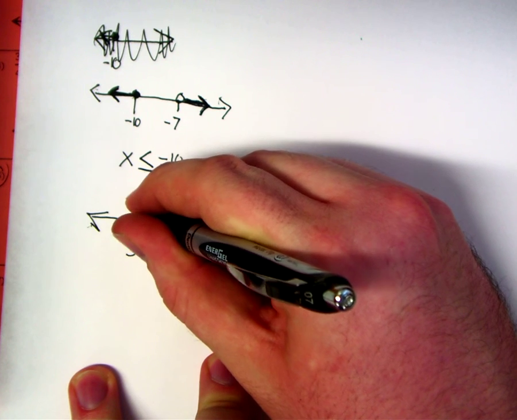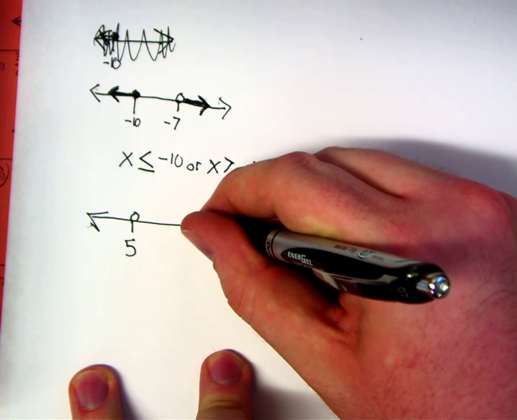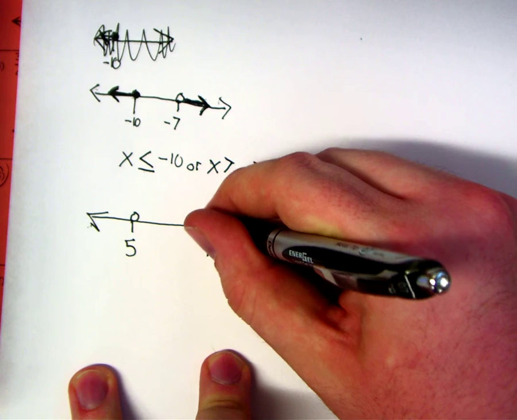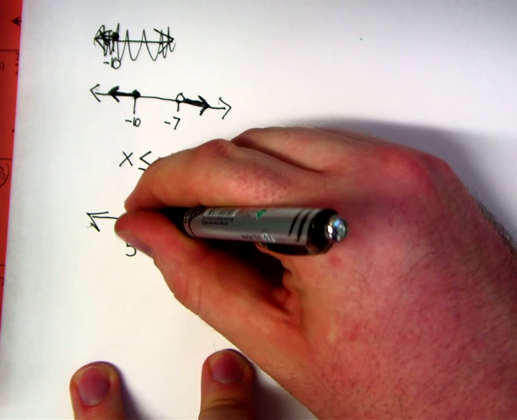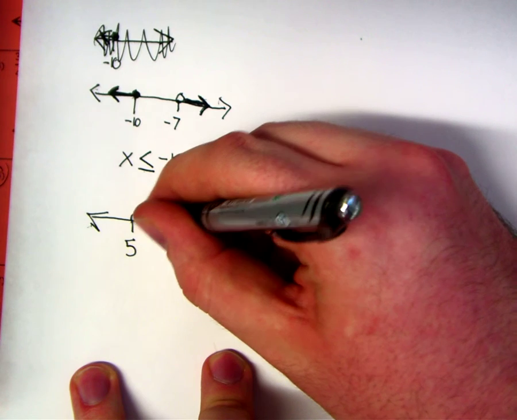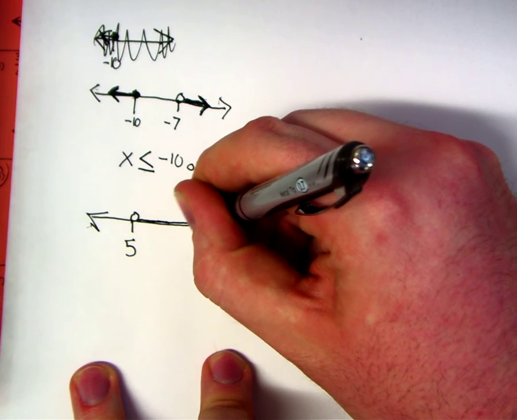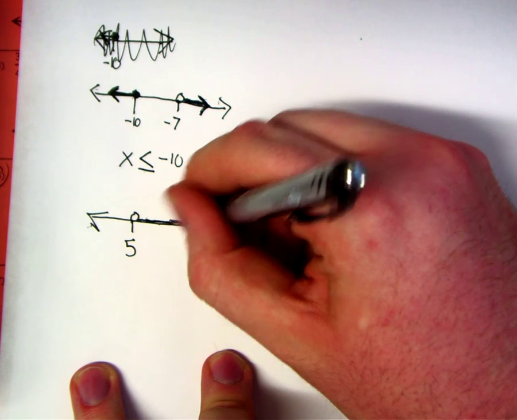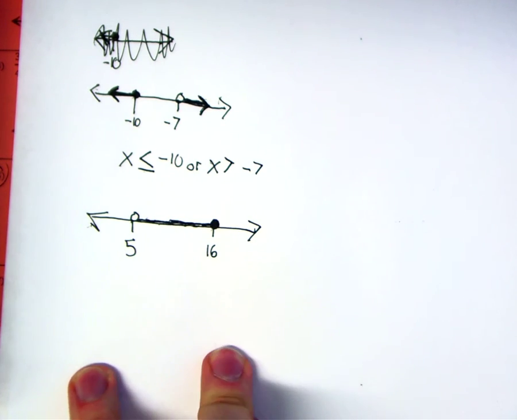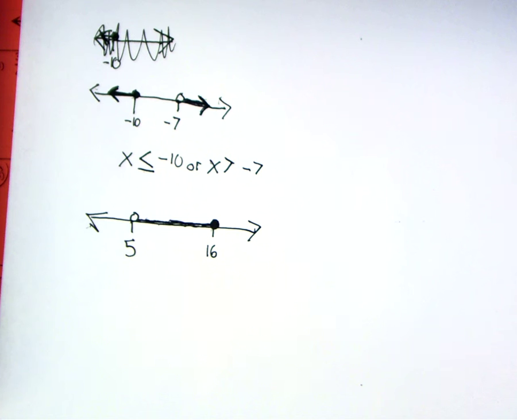And I'll leave an open circle there. Closed circle at 16. Alright, let's make it all the points fall between. We'll do another AND. Okay. So we have all the points that are going to fall in between them.